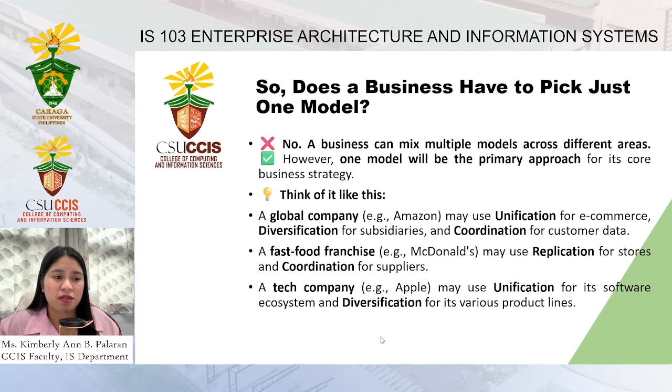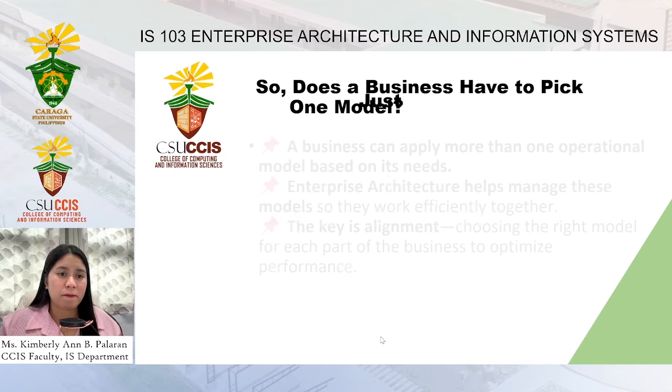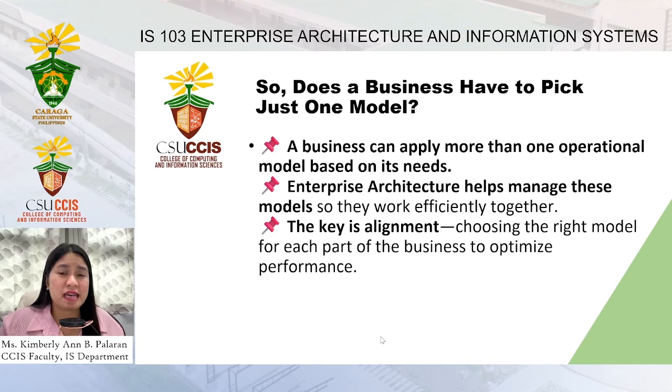Since Apple has a unified system, an ecosystem, but each product or item they produce is diversified, because their operations are different. So, does a business have to pick just one model? A business can apply more than one operational model based on its needs.